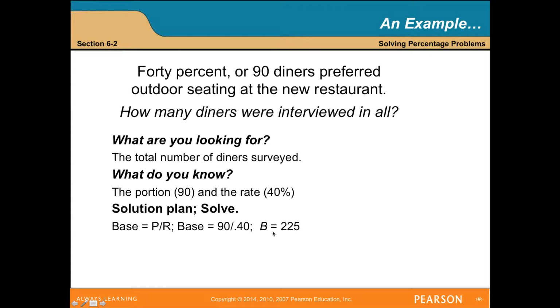And then you get B, which equals 225. In conclusion, 225 diners were interviewed.